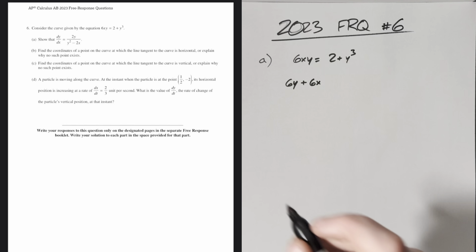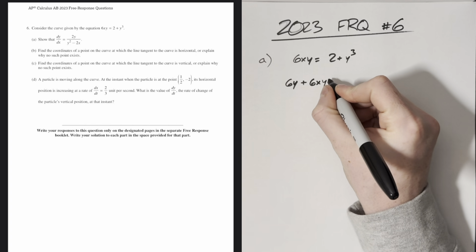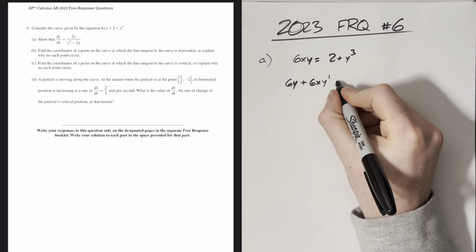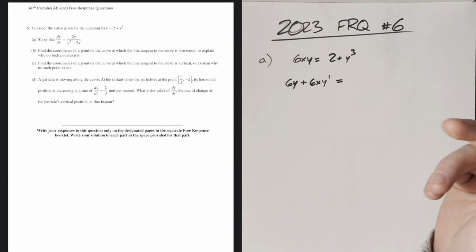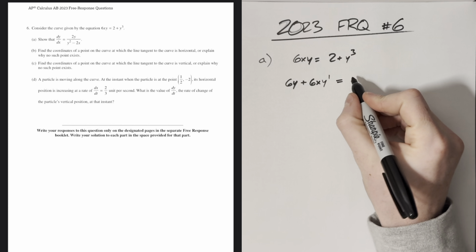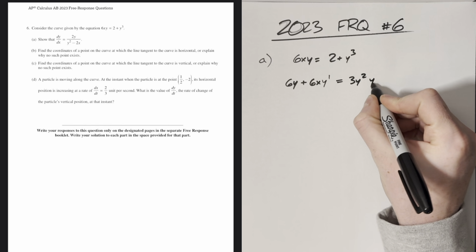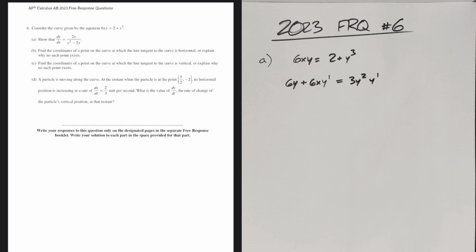Now the derivative of y with respect to x is just y prime, or dy/dx, right? And on the right side, the derivative of 2 is 0. The derivative of y cubed is 3y squared y prime.